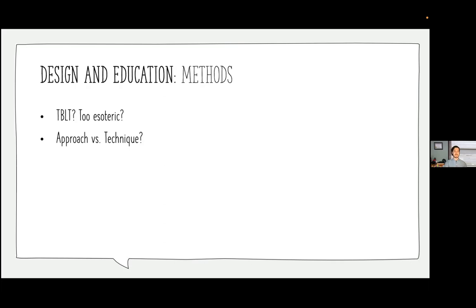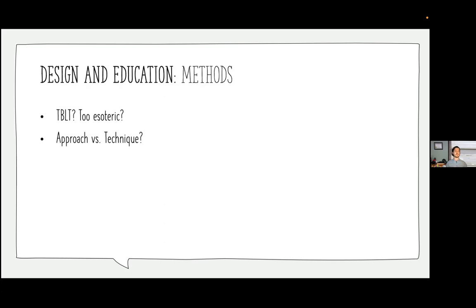So looking back at TBLT, and kind of thinking about approach versus technique. What do we have here? For me, TBLT seems a bit too esoteric. It is great as an approach, as kind of a value, right? It's a real world task. It does have some ideas of technique, for example, task repetition, but even then that feels more like an approach, like a PPP approach.